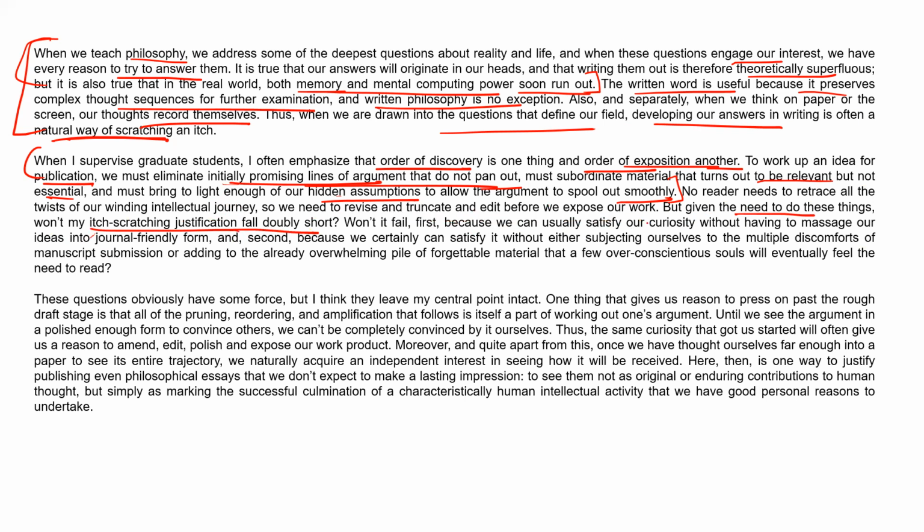First, because we usually satisfy our curiosity without having to massage our ideas into journal-friendly form. And second, because we certainly can satisfy it without either subjecting ourselves to the multiple discomforts of manuscript submission or adding to the already overwhelming pile of forgettable material that a few conscientious souls will eventually feel the need to read.